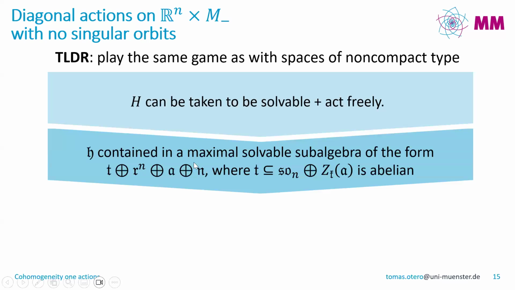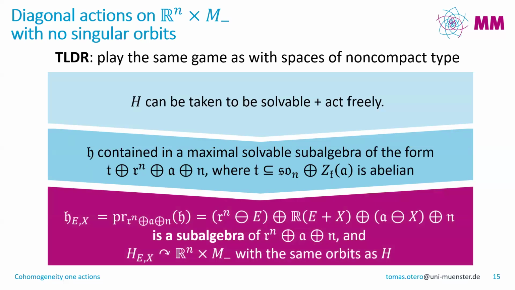Since it's solvable, it's contained in a maximal solvable subalgebra. Again, it is not difficult to find out how these look. They are of the form T plus Rn plus A plus N, where T this time is an abelian subspace of so(n) plus the centralizer of A in K. But yes, exactly the same thing as before.